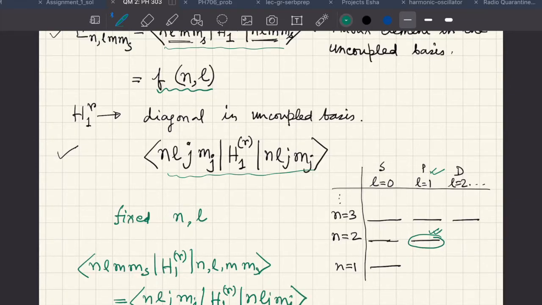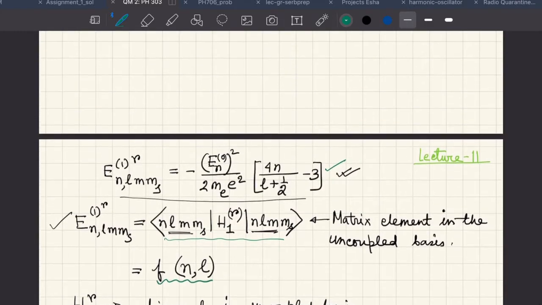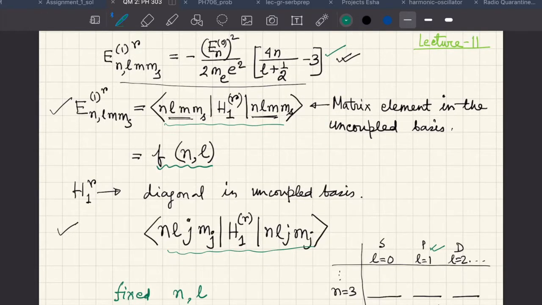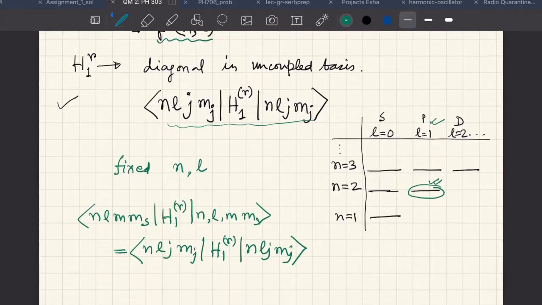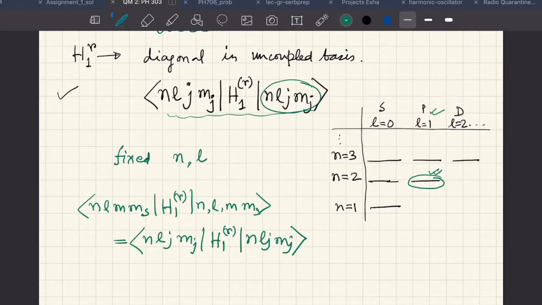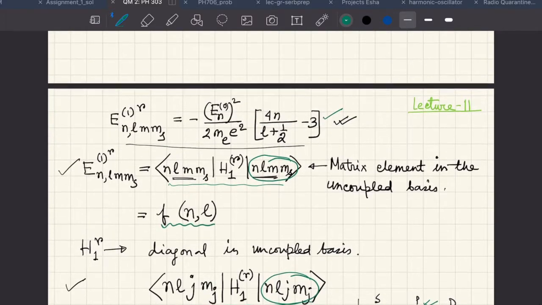So that means whether I choose my n, l, m and ms as my good basis vectors, I will get the same result if I choose these n, l, j and mj as my basis vectors also.